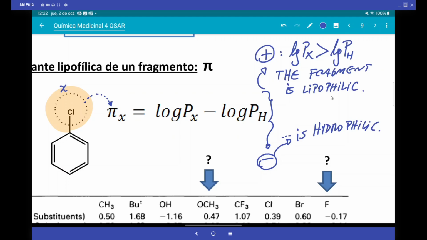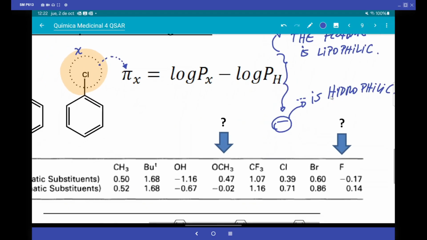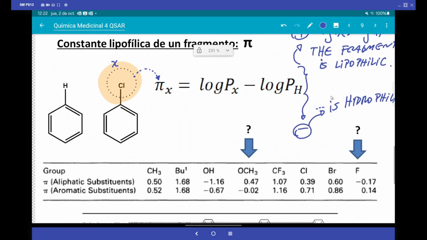Very well, with that in mind, notice here in the table it says group substituent with its pi value, but substituent connected to an aliphatic system. And here substituent connected to an aromatic system.